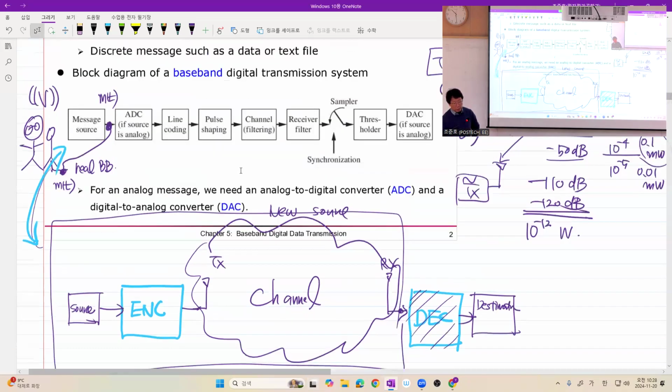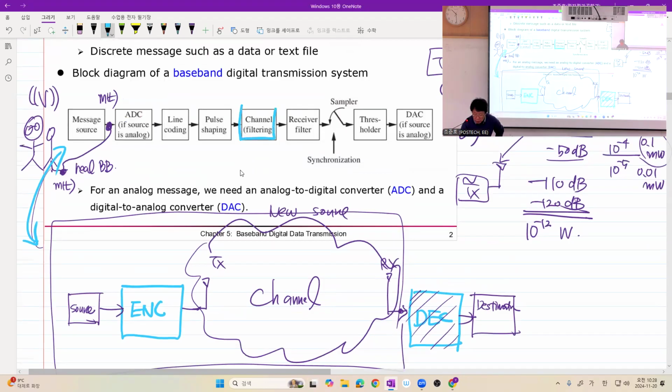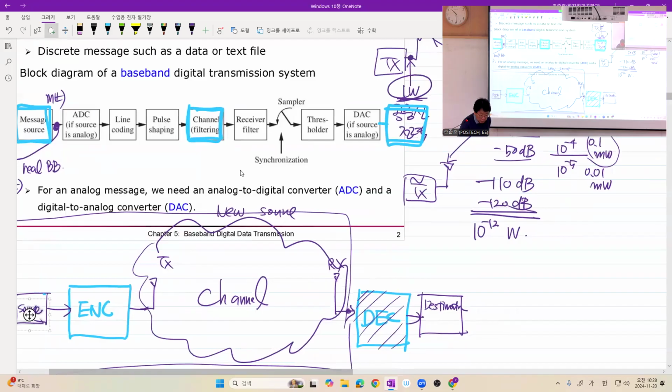So here goes the channel, as you see, right? Here goes the source. Let me draw. Here goes the destination. Got it?